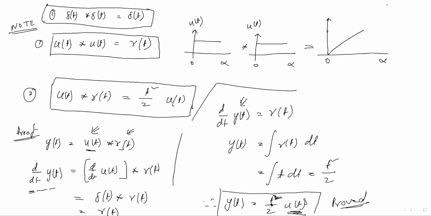That's why U of t has come, and we are not bothering about the limits. Since these signals are causal, we are taking only the causal part. You remember that right now.